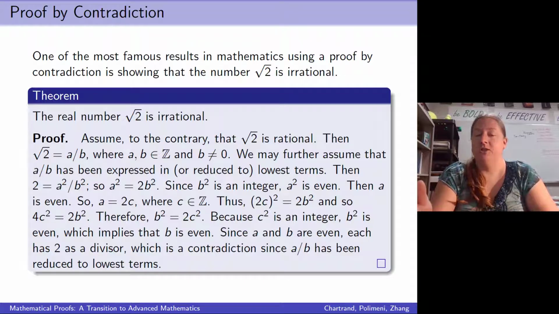So that's a contradiction, and that means that the real number square root of 2 must be irrational. A lot of times when we're working with irrational numbers, we want to use either a proof by contrapositive or a proof by contradiction, depending on the case. So direct proofs are rarely used with irrational numbers.